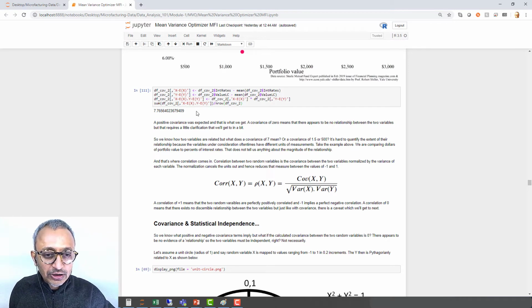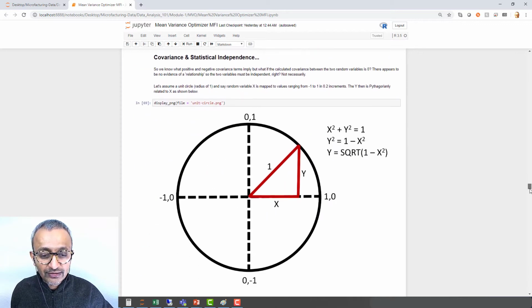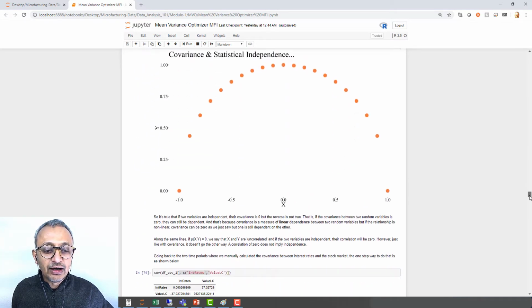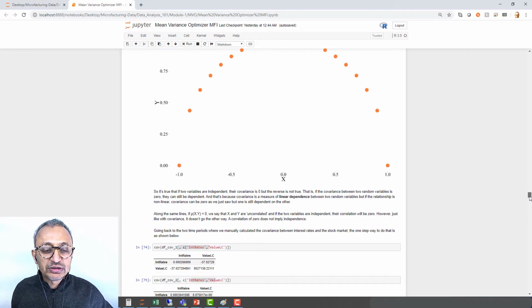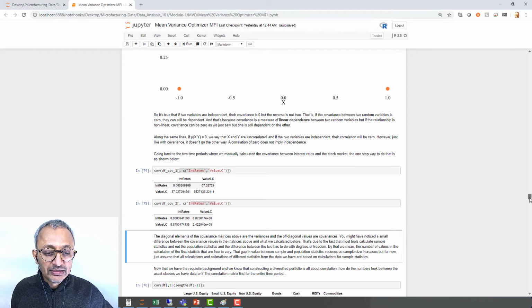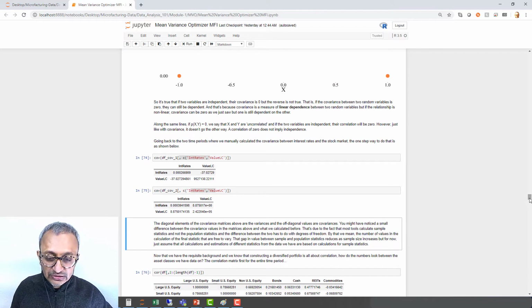That is the difference because we assumed this was population data, whereas what the tool uses is sample data, and there is a little bit of a difference in how the sample versus population math calculates standard deviations, variance, and covariance. We are going to explore that.